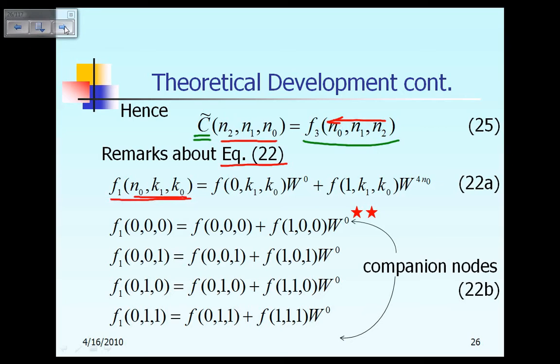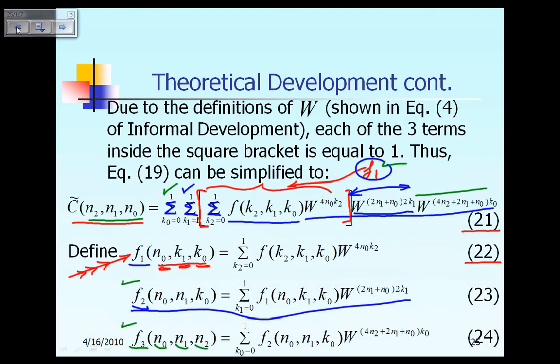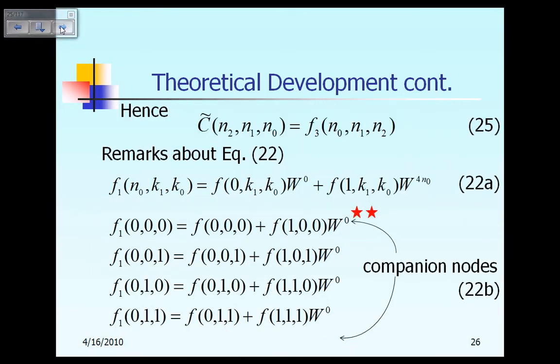One thing you can see, the value of n0 could be either 0 or 1. The value of any index can only be either 0 or 1.